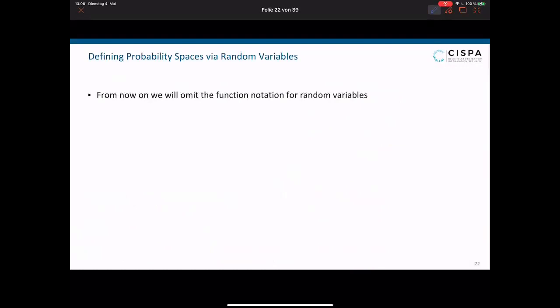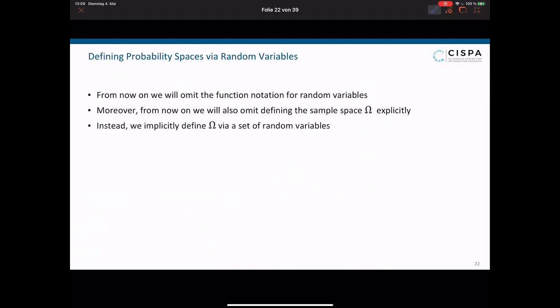Now, as I said, from now on we will omit this stupid function notation, and we will also omit the entire sample space. Everything we do from now on, we will model with random variables.